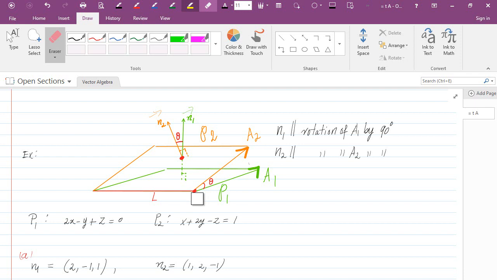So the idea is to set one of them to 0, so let's say z, and then you solve for x and y simultaneously from the equations of the two planes. Now, if that doesn't work, then you set one of the other variables to 0 and do the same thing again.